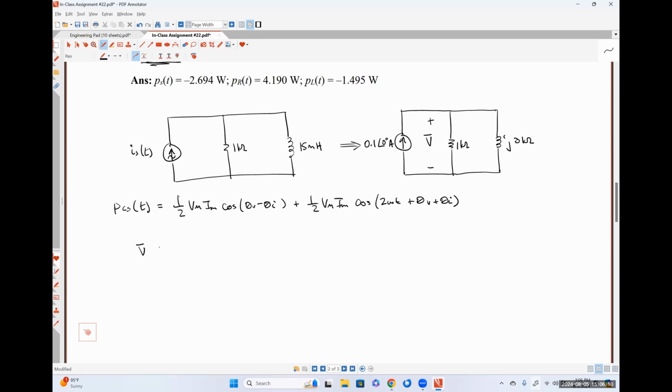So V would be equal to 0.1 angle 0 degrees amps times 1 kiloohm times j3 kiloohms over 1 kiloohm plus j3 kiloohms.